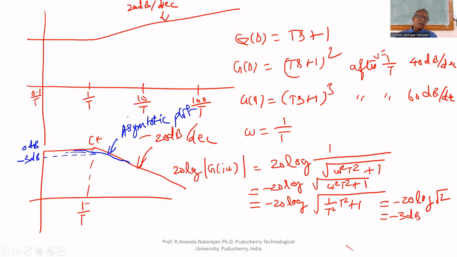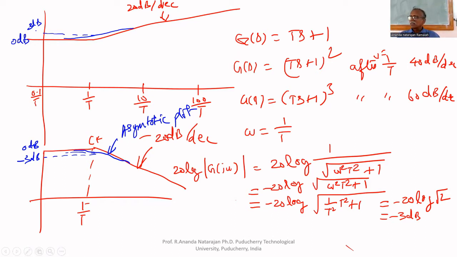It has an error of minus 3 dB at corner frequency. For a first order factor, it has an error of minus 3 dB at corner frequency. Suppose it is a factor in the numerator: 0 dB up to corner frequency, and the actual plot will be 3 dB at corner frequency. Therefore the error at corner frequency is 3 dB.